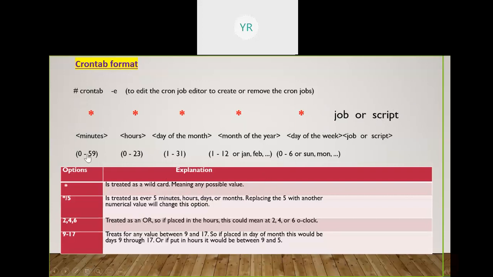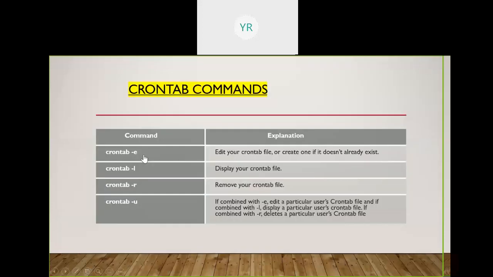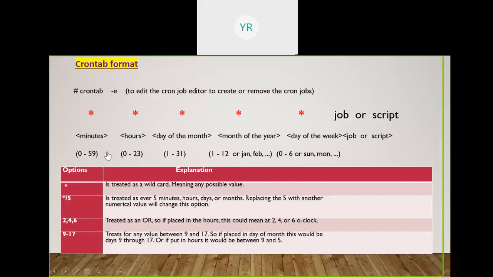While doing this job, if a star is given instead of these numericals, 0 to 59, then it will be treated as a wildcard, meaning any possible value. Suppose you give a star in the first field, that means every minute, so for every minute it executes the command.